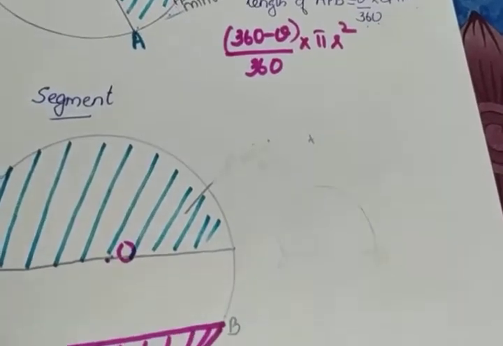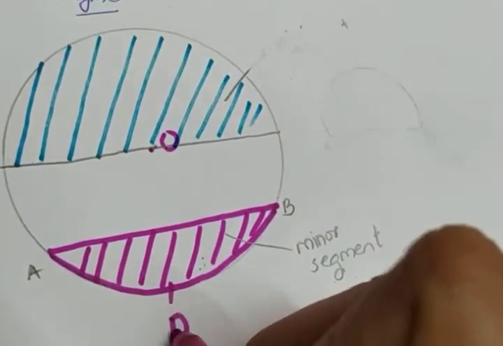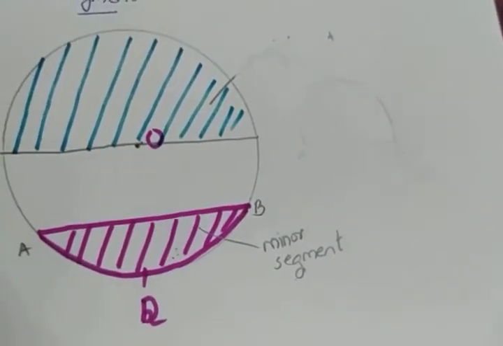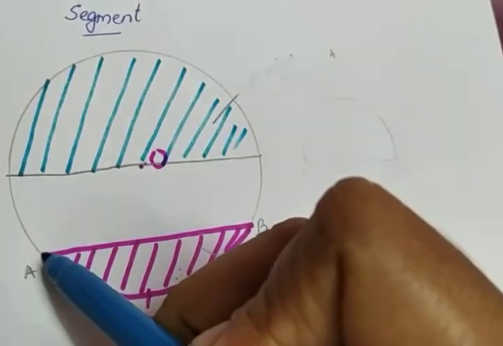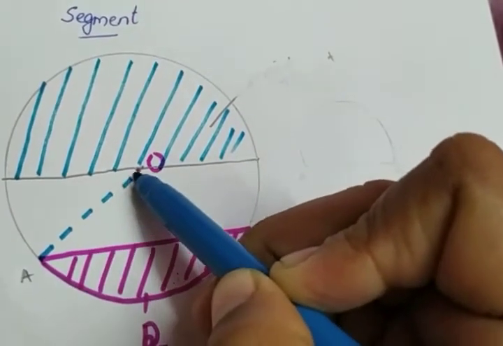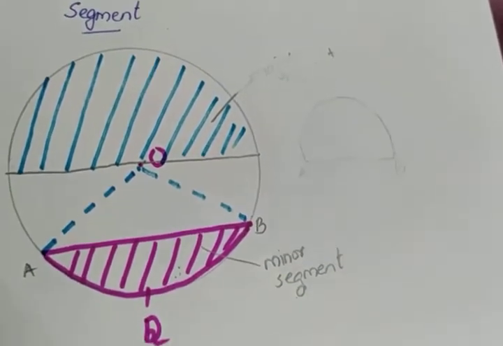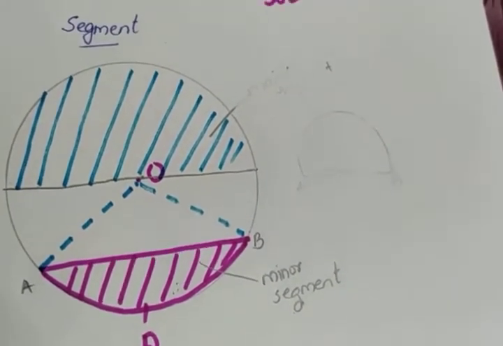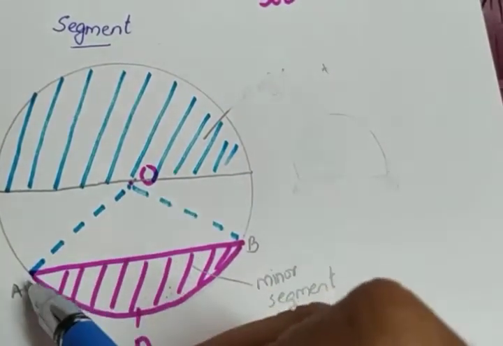Again, if I need to find the area of the segment AQB, I will take two radii, OA and OB. To find the area of the segment, consider OAQB.